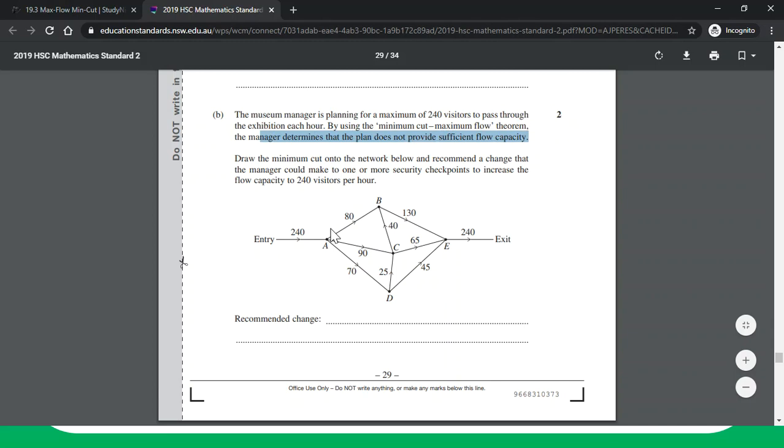And I'll show you how to do that. Once you do that, then comes the second part of the question, which is asking how is it achievable? How can we make sure that 240 people pass? But before answering that, we need to first prove that 240 people cannot pass.